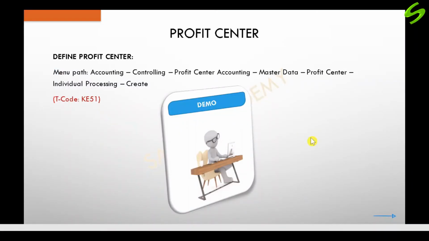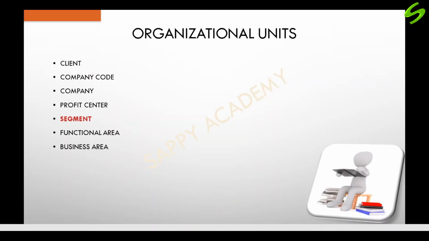Let us move on to the next organizational unit, segment. Let us look at the definition first. Segments are nothing but products or various businesses of an organization, according to which the financial statements for external and internal purposes are to be prepared. Segments are one level above profit centers.